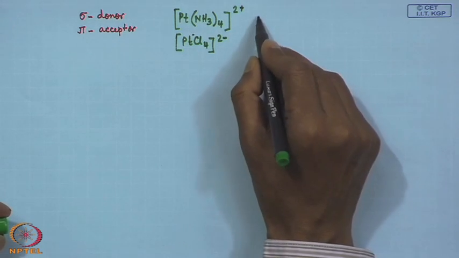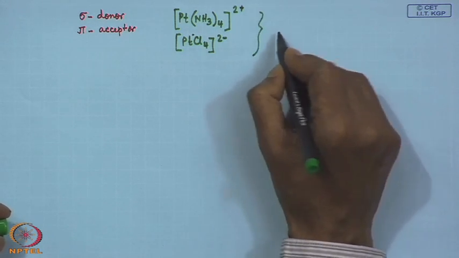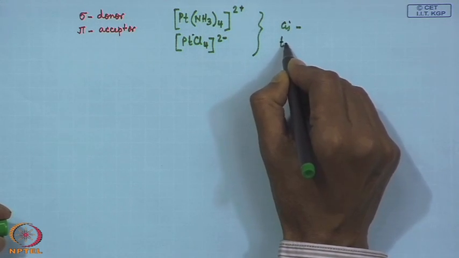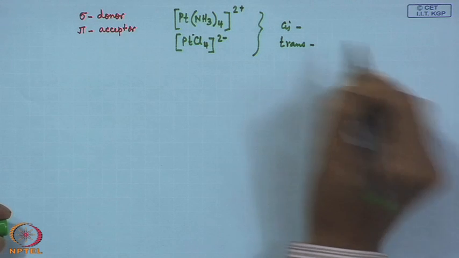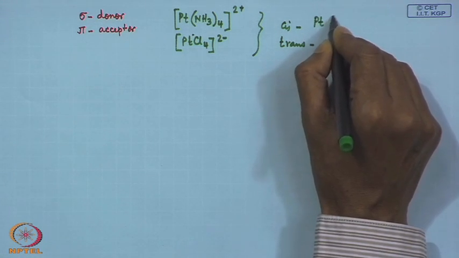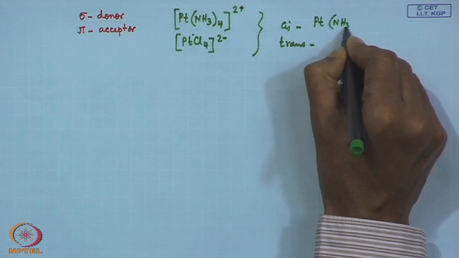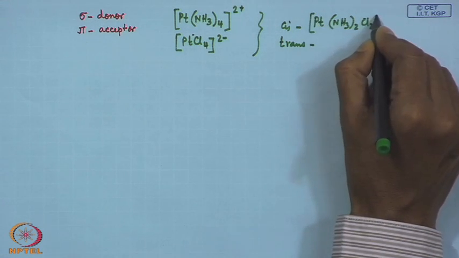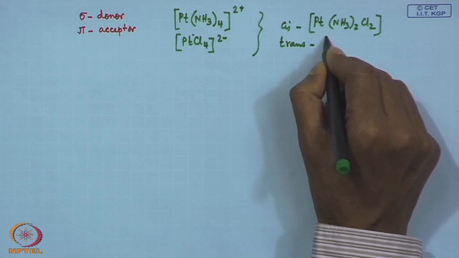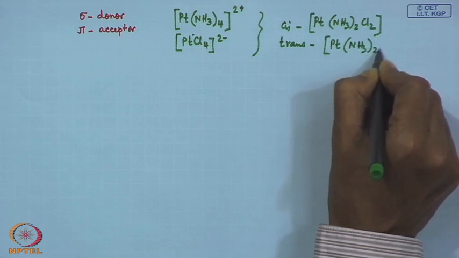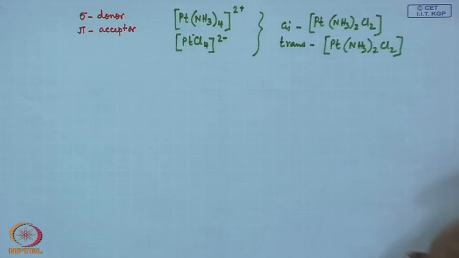One of them will give the cis isomer and the other will give the trans isomer, cis-Pt(NH3)2Cl2 and trans-Pt(NH3)2Cl2.